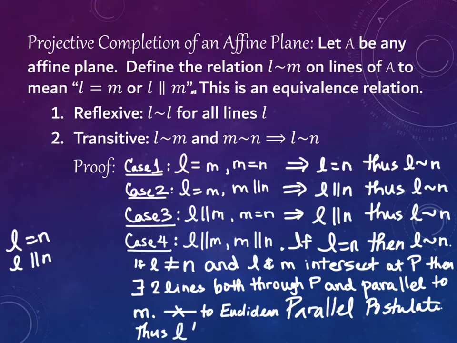Thus, L would have to be parallel to N, and then L is in the same equivalence class as N. So this relation is in fact transitive.